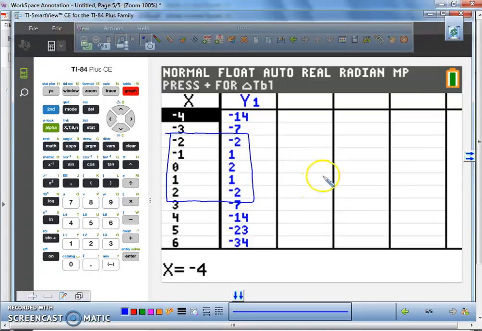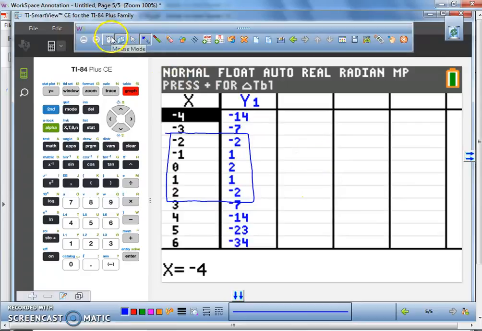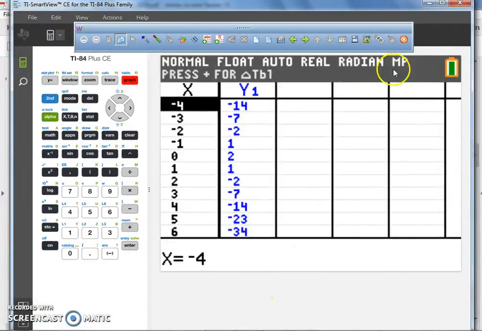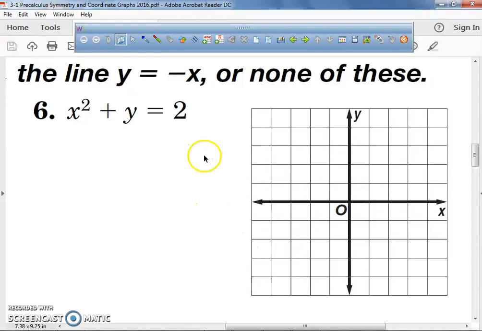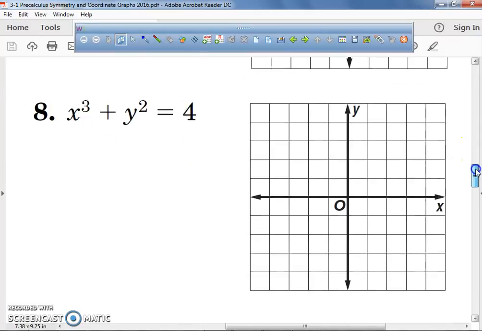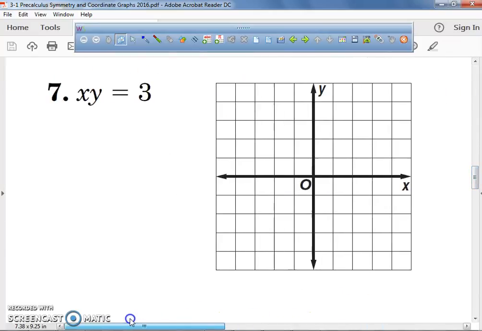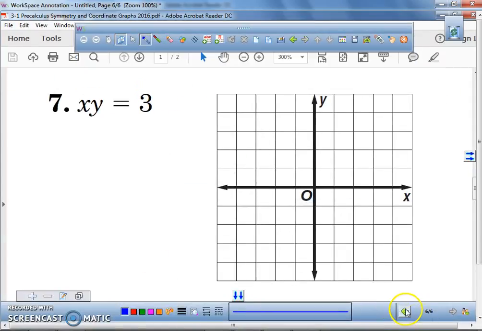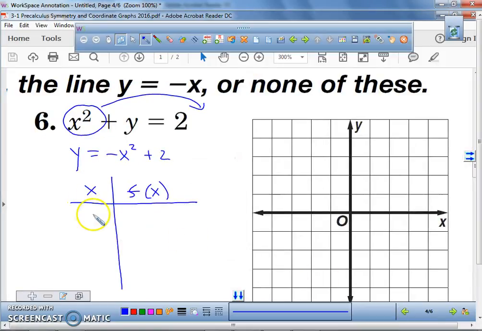So go from negative 2 to positive 2. Negative 2, negative 1, 0, 1, 2.